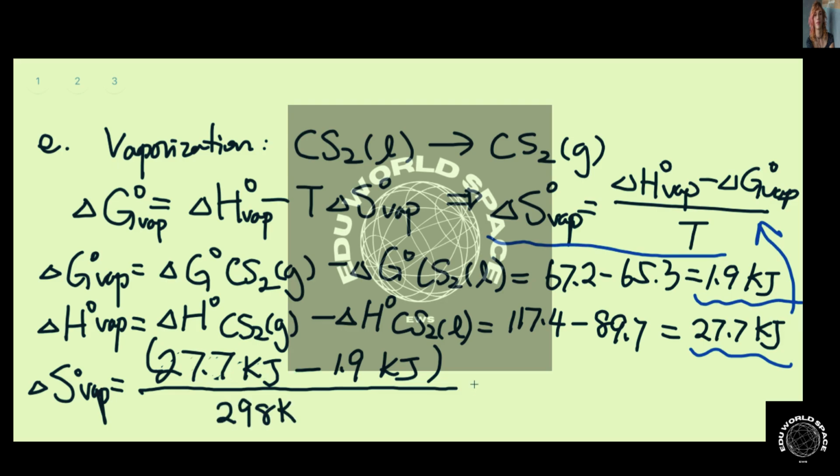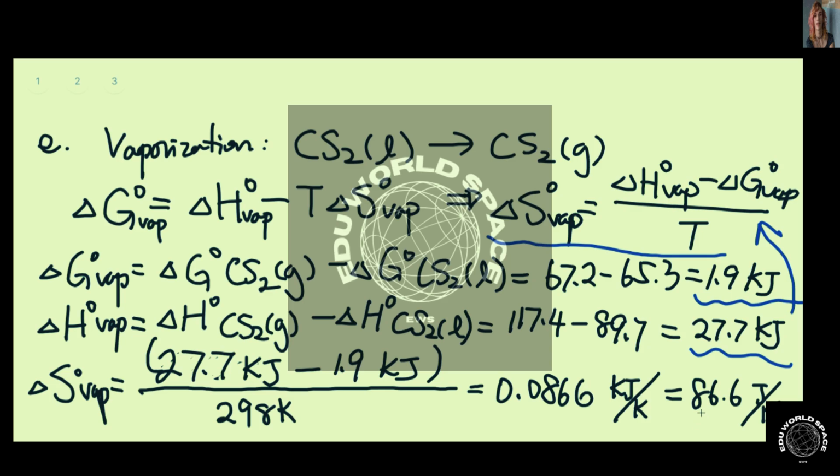And you will have 0.0866 kilojoules per Kelvin, or you can simply say 86.6 joules per Kelvin.